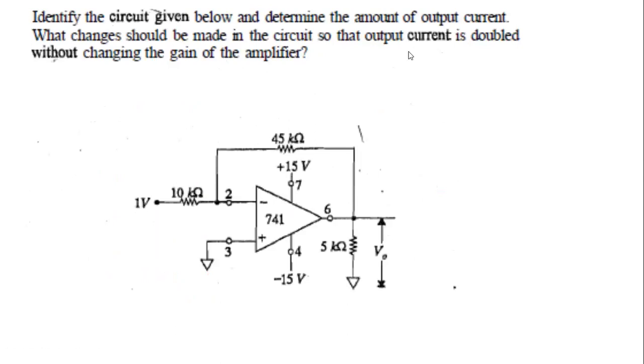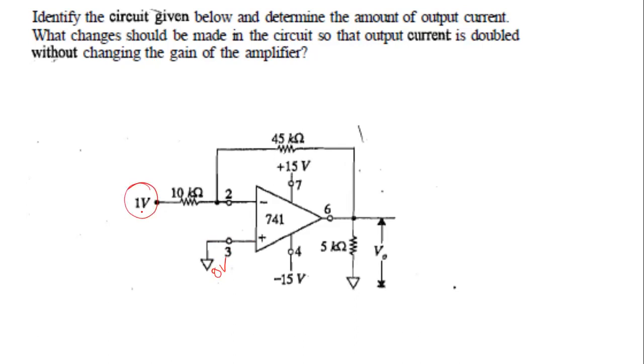Now, can you please work on this? Identify the circuit given below. So what kind of circuit is this? You are having the feedback connected via the inverting terminal, and the non-inverting terminal is grounded, and you are supplying a DC voltage here.